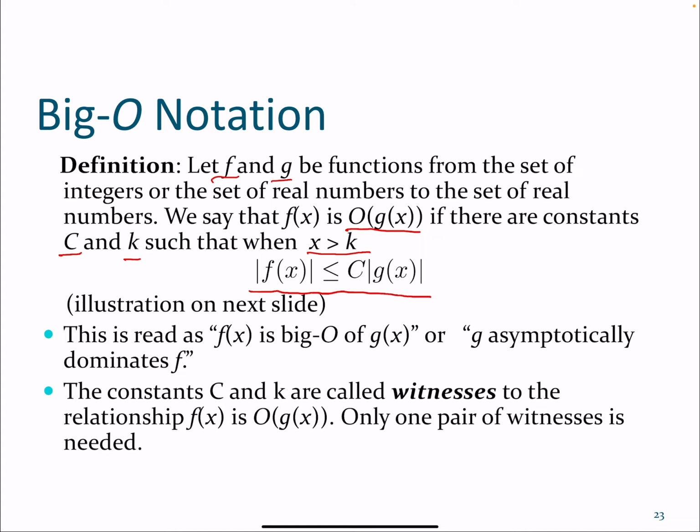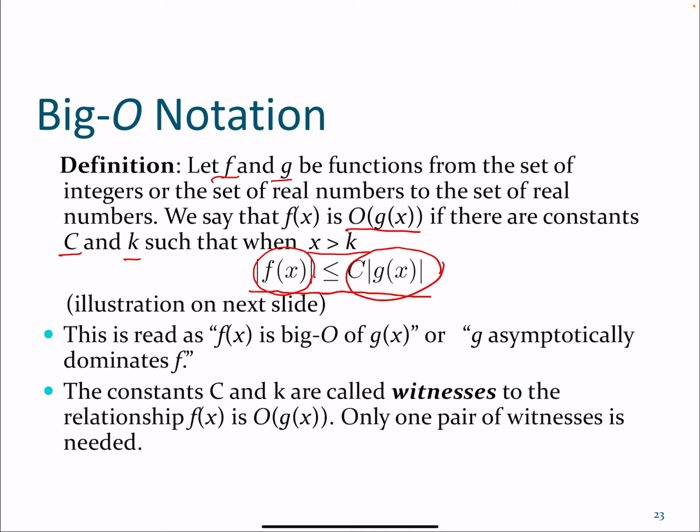So basically, if we can find two constants c and k such that when x is greater than k we always have this inequality, then we say f(x) is big O of g(x). After x is greater than k, the absolute value of f(x) is always smaller or equal to c times g(x), so it's dominated by c times g(x).